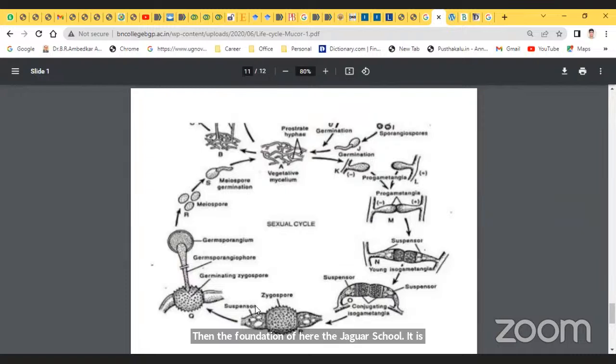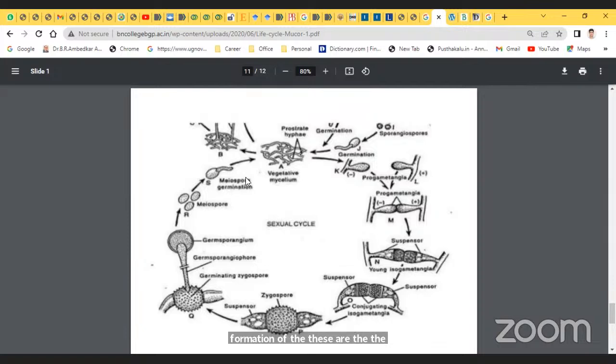Then this zygospore germinates, and the germinating zygospore consists of the germ sporangiophore and germ sporangium. Then the meiospores germinate, and finally a new mycelium forms. This is the sexual cycle of Mucor.